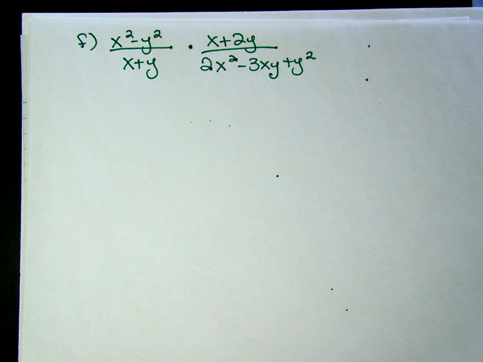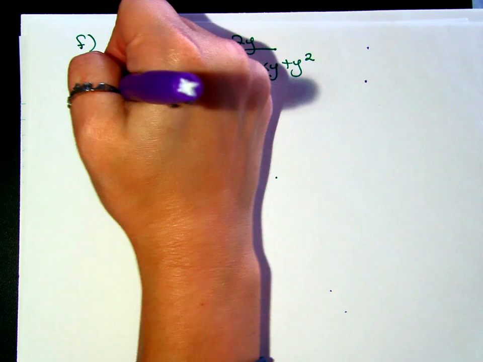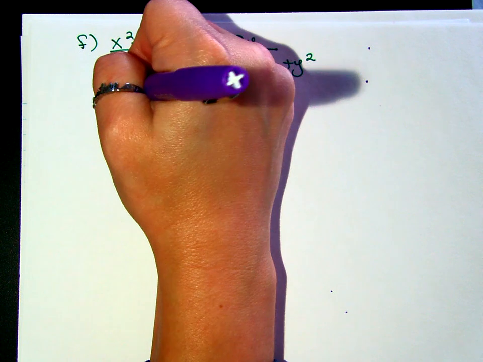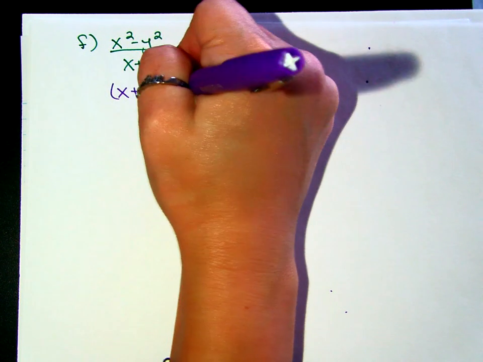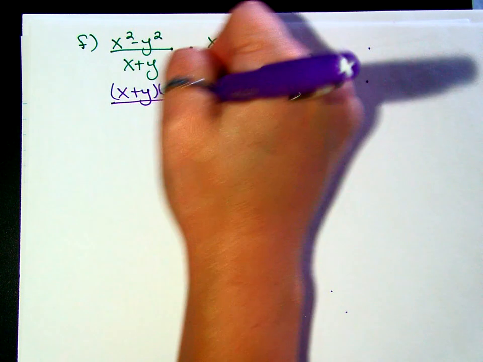The x squared minus y squared, what is that? It is x minus y, x plus y. We call that a difference of squares. So this factors into x plus y over x minus y. We have that x plus y on bottom.